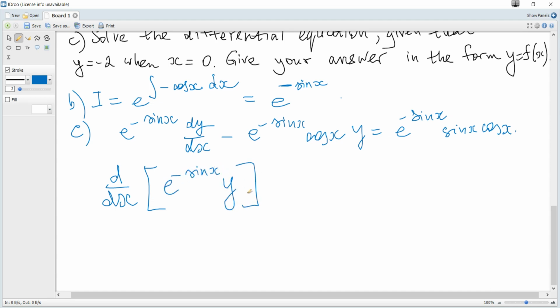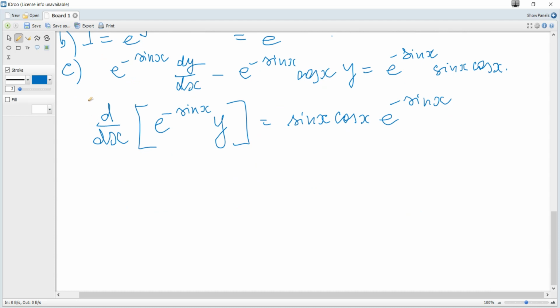It always will be true because of the method, and it is equal to sine x cosine x e to negative sine of x.